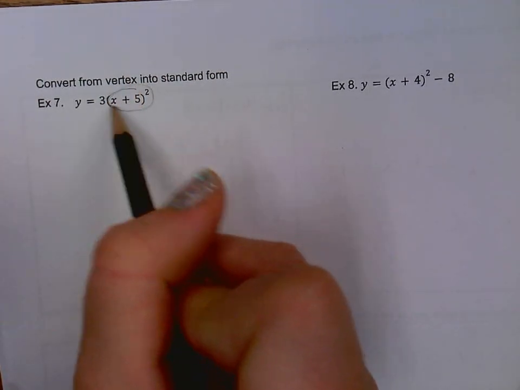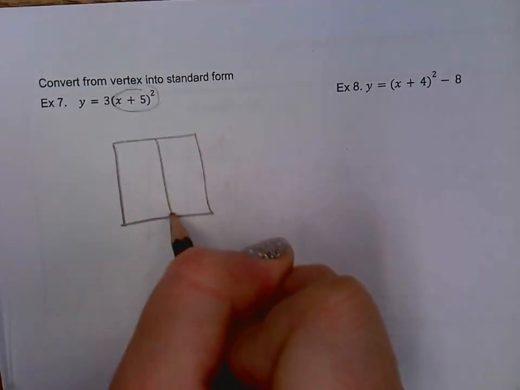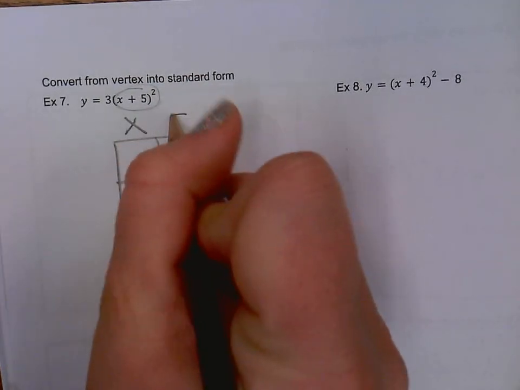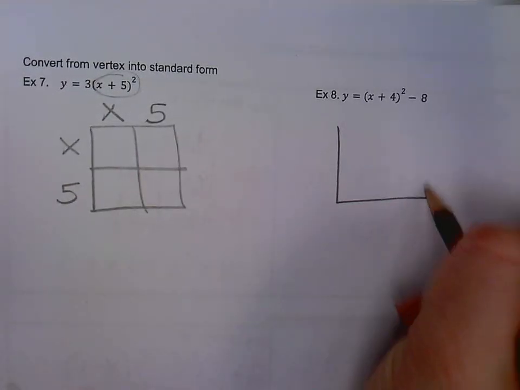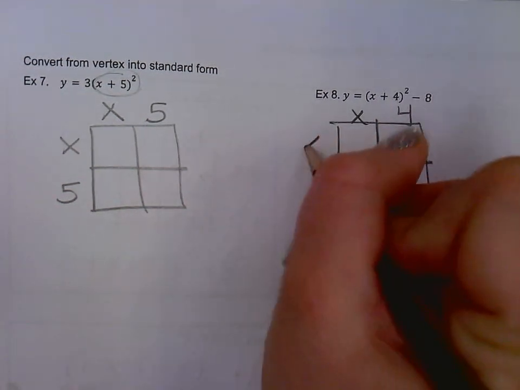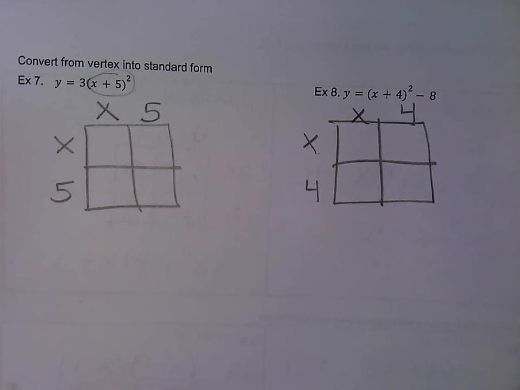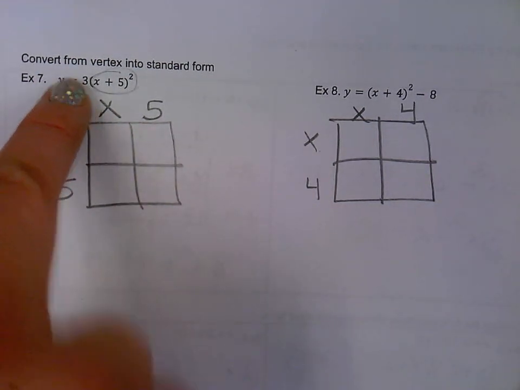We're ignoring the 3 for now. You're just going to do the x plus 5 times x plus 5. Same thing on number 8. You're going to ignore the negative 8, and you're just going to worry about the x plus 4, x plus 4. So do that step first. Then on this one, you're going to multiply 3 times everything in your answer.